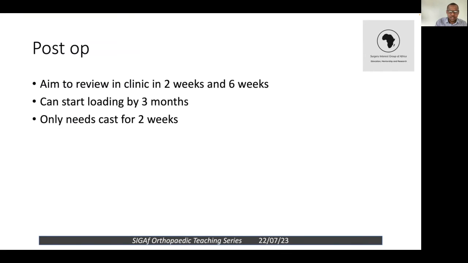You aim to avoid loading for the first 3 months because, as you're aware, the plate itself is not strong enough to take the load of the different things that people might do, particularly depending on their occupations. But by 6 weeks, you should be able to pick up a cup of tea or a glass of water.